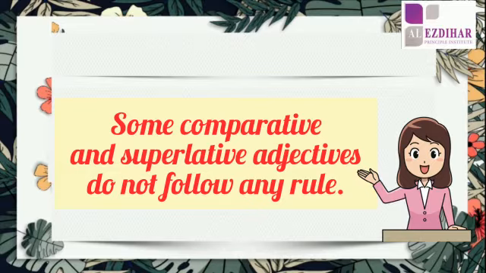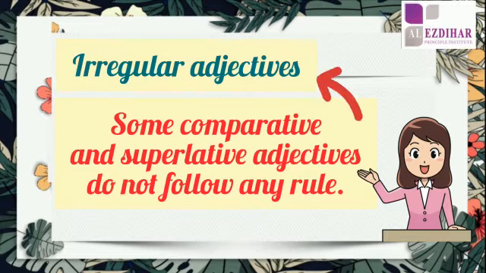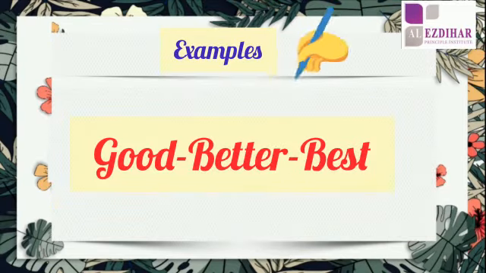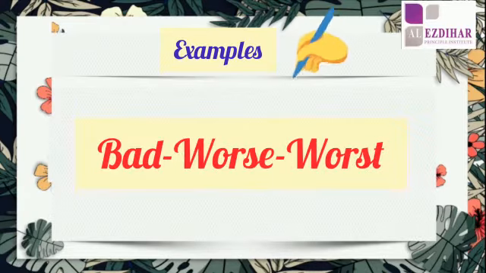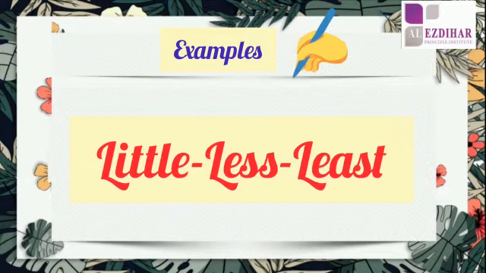These are known as irregular adjectives. Here are some examples: good, better, best, many, more, most, bad, worse, worst, little, less, least.